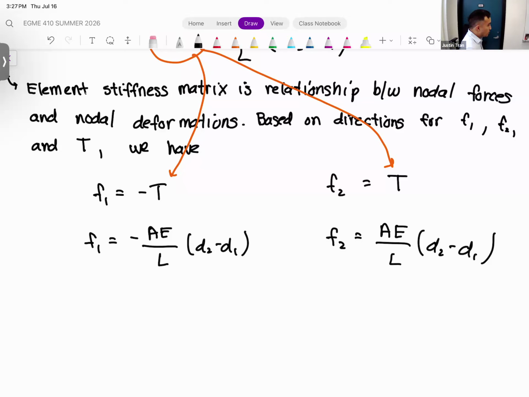So we have our expressions here. These equations are exactly what we wanted: expressions that relate F1 to D1, D2, and F2 to D1, D2. We just have to put this in matrix form.